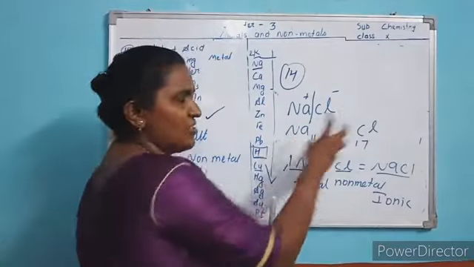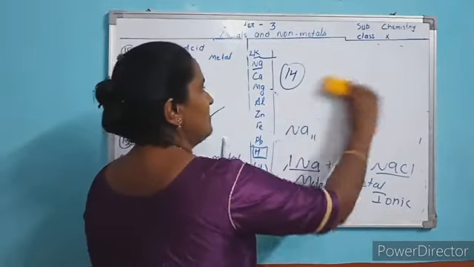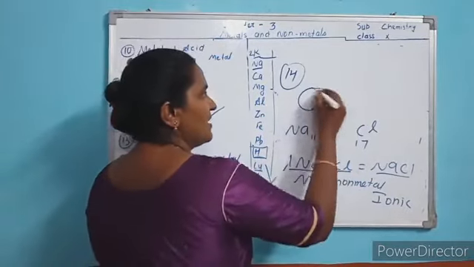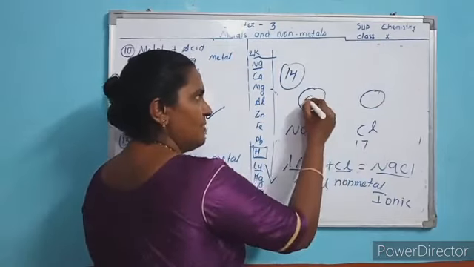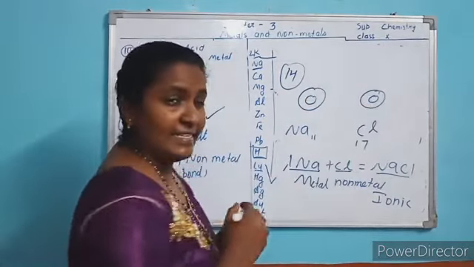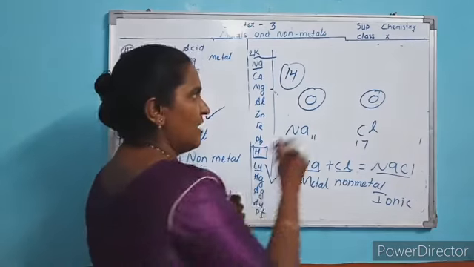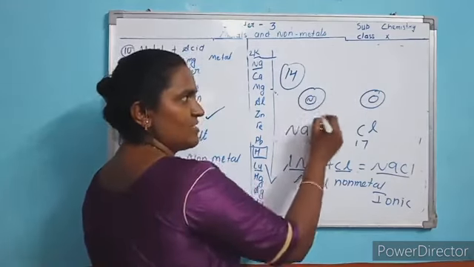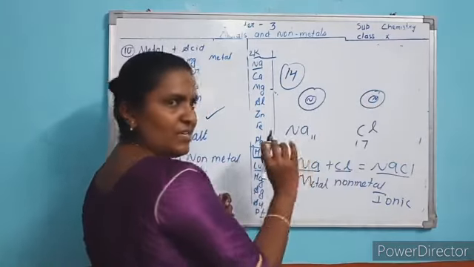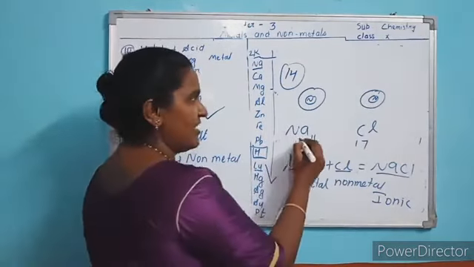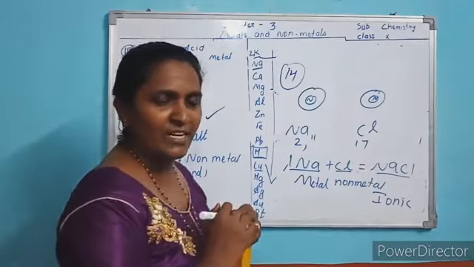Understood? And these electrons revolve around the nucleus. Atom is spherical in shape. In between, at its center, the nucleus is present. Around the nucleus, electrons revolve. There is also a condition: in the first shell, maximum 2 electrons revolve.